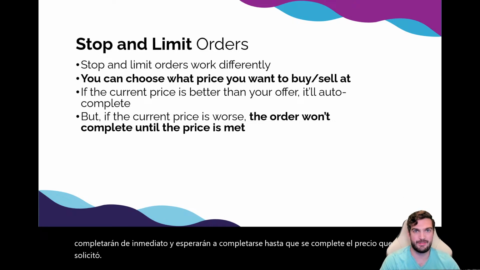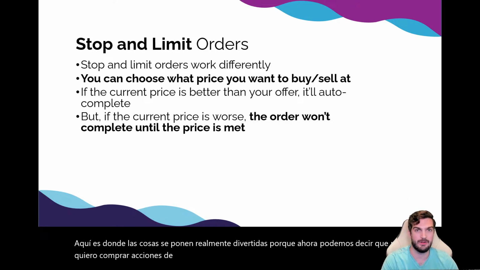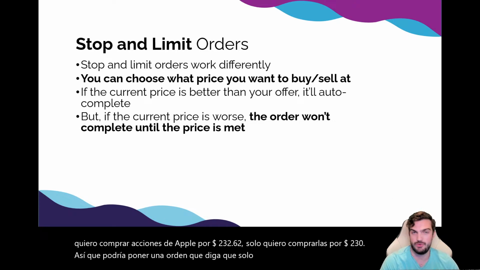This is where things get really fun because now we get to say, I don't want to buy shares of Apple for $232.62. I only want to buy them for $230. So I could put in an order that says I will only buy shares of Apple if it goes down to $230 a share.